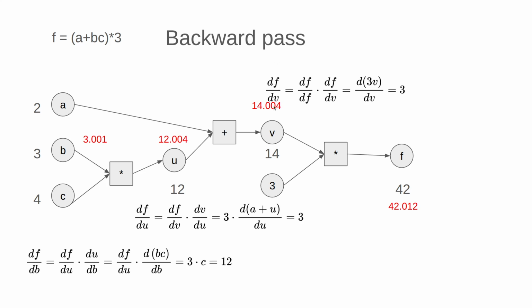After we decide the value of df of dv to be 3, we can call the backward function of this addition object here, and then we pass the df of dv into this function, so that this function will know that the upstream gradient, which is the gradient df of dv here, will be 3.